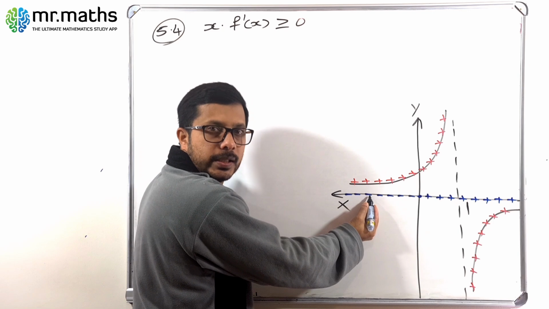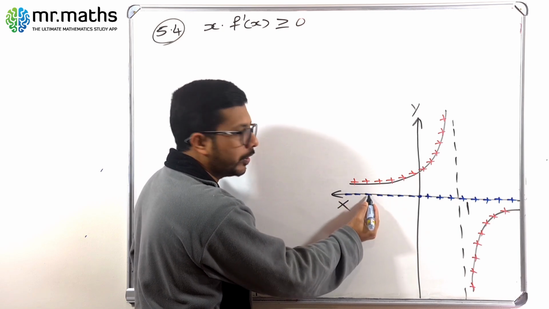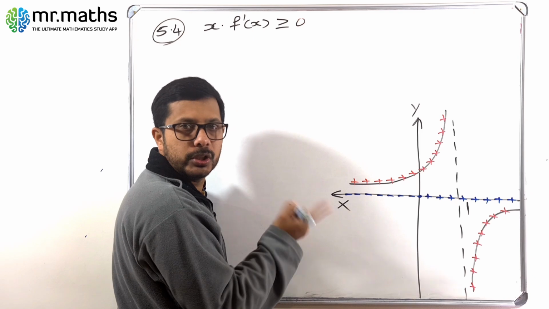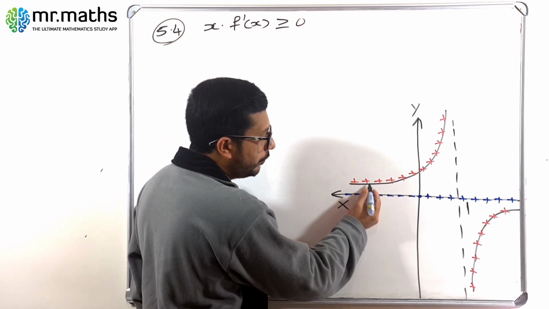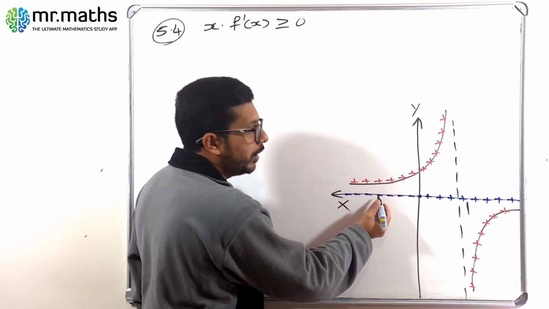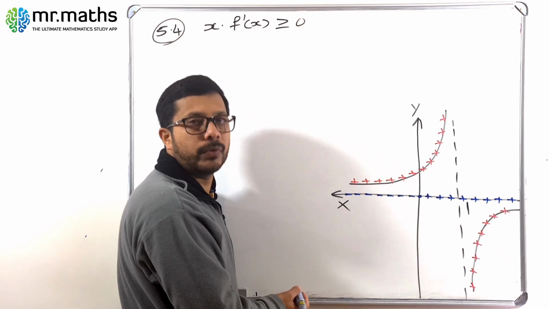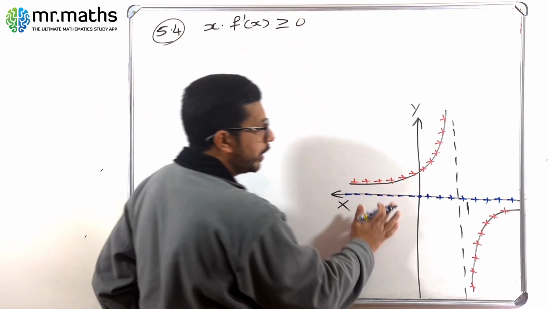Here this one is negative, am I right? This one is positive. If you multiply this positive and negative, what is your answer? Positive times negative is negative. So if you multiply these two, x and f dash of x, it is negative. We don't want that one, we want the positive one. So you won't get the answer here.